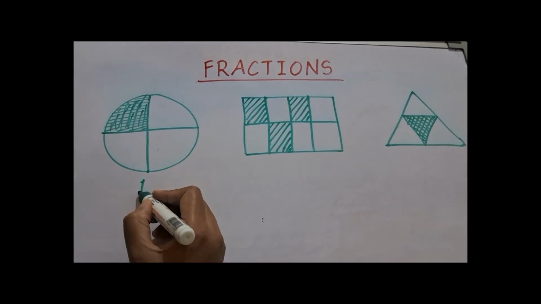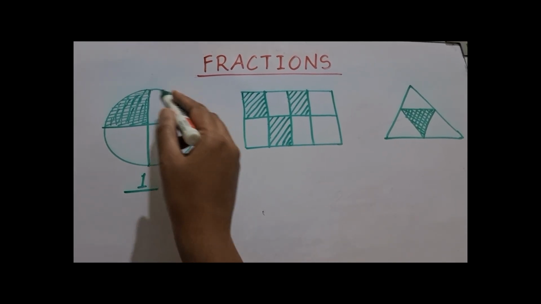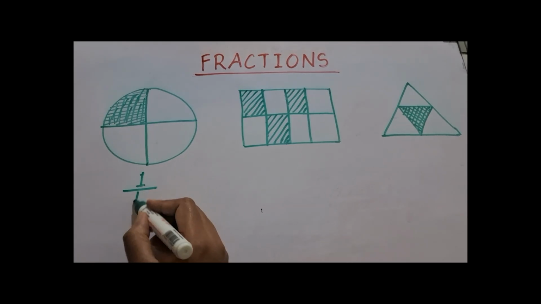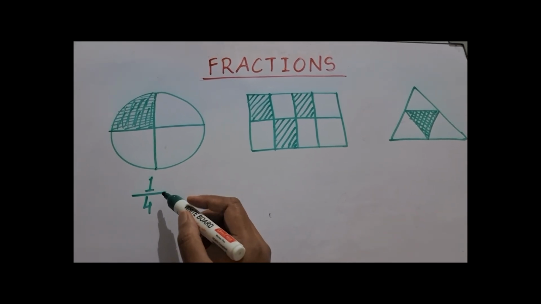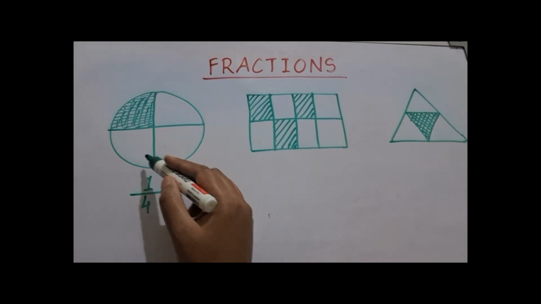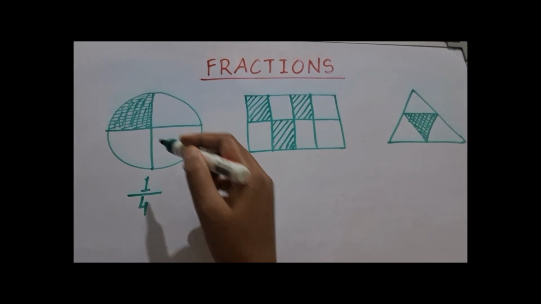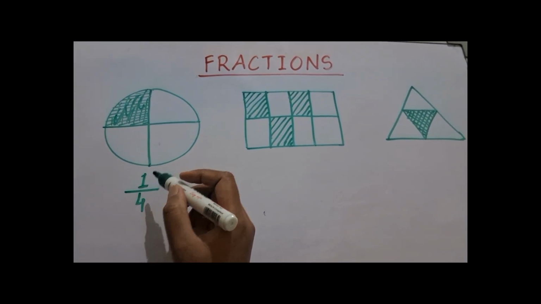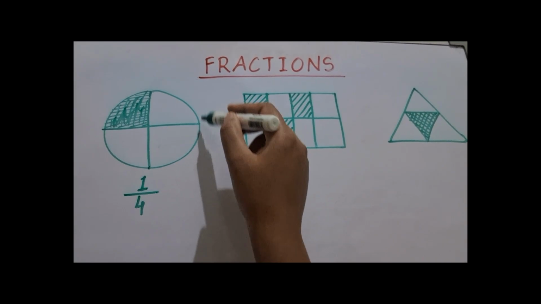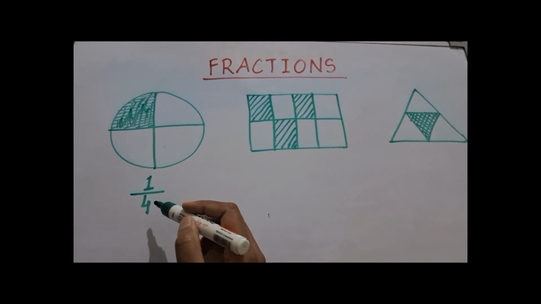Only one part is shaded, out of 4 parts. Isn't it, children? Yes. So, the total number of parts we write in the denominator place, and the shaded part we write in the numerator place. The shaded part of this whole is written as 1 by 4.